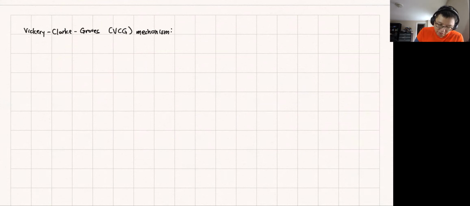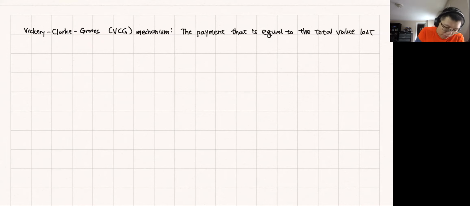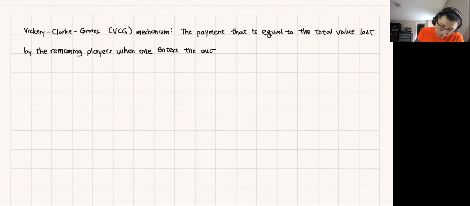But the idea is the payment that is equal to the total value lost by the remaining players when one enters the auction is DSIC. Right?